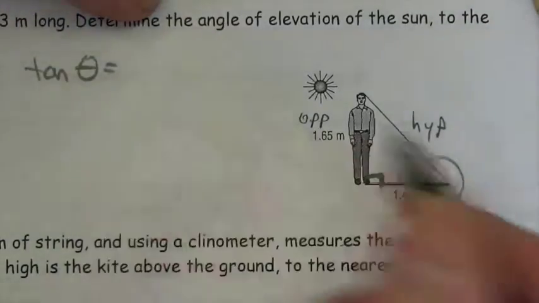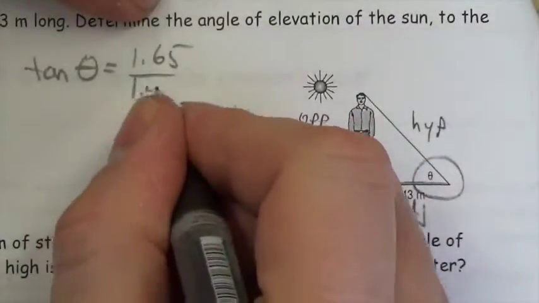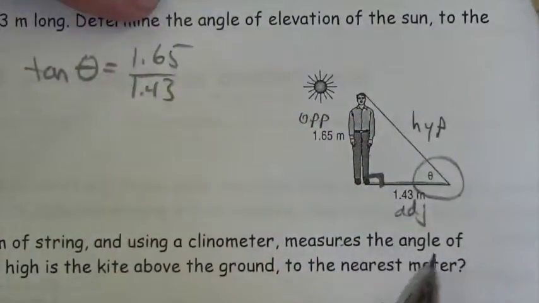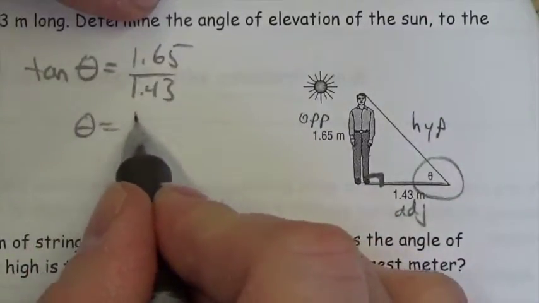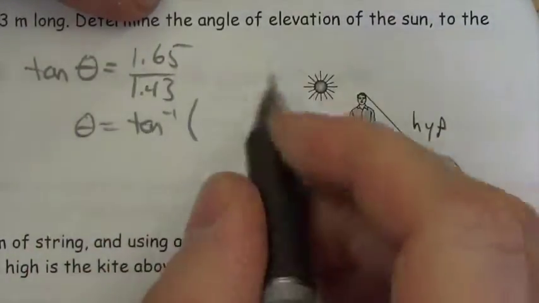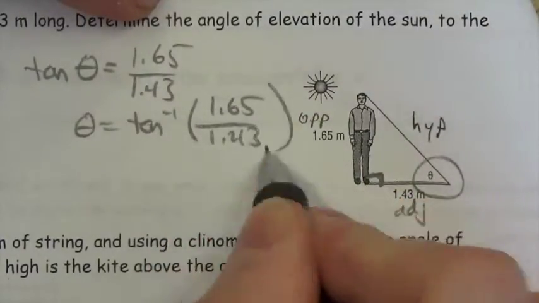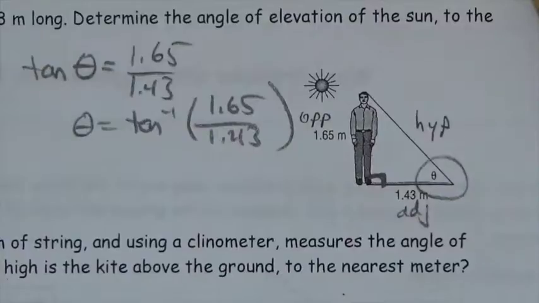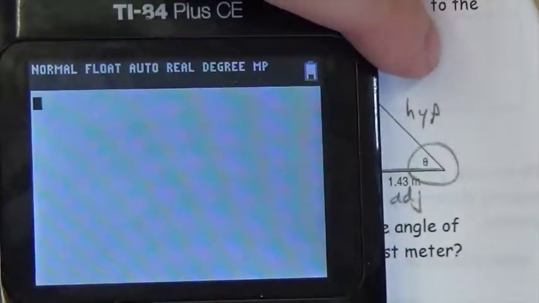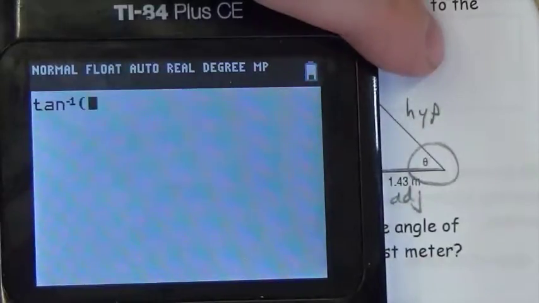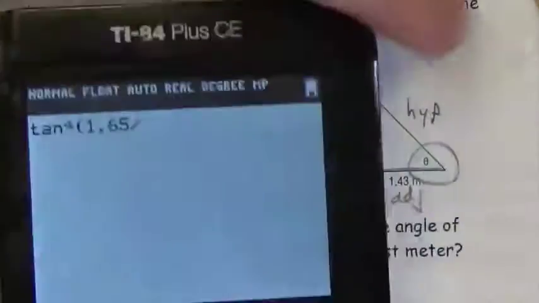I don't know the angle, but in this particular case, I do know the ratio of those two sides. I can figure that out right away just by plugging in those numbers. So what I really need to do is go backwards by using the inverse tangent. The inverse tangent of 1.65 over 1.43. Now I'll go to the calculator, and it'll be second tangent of 1.65 divided by 1.43.